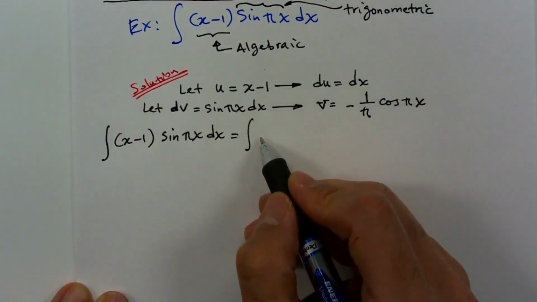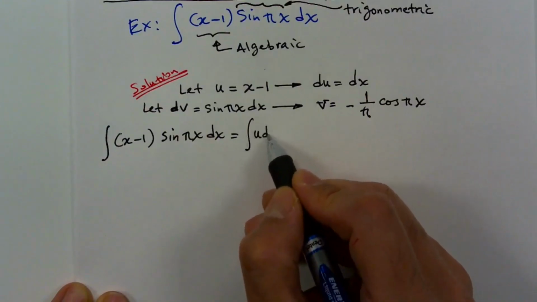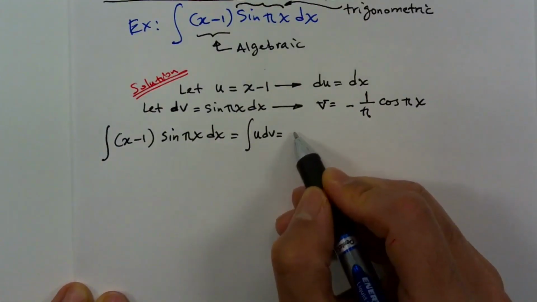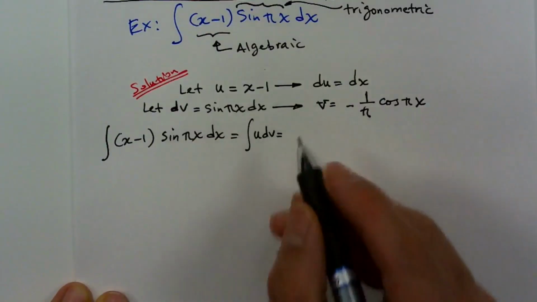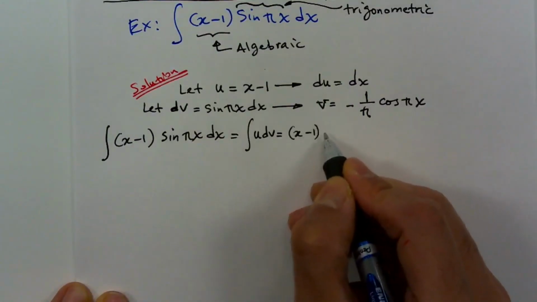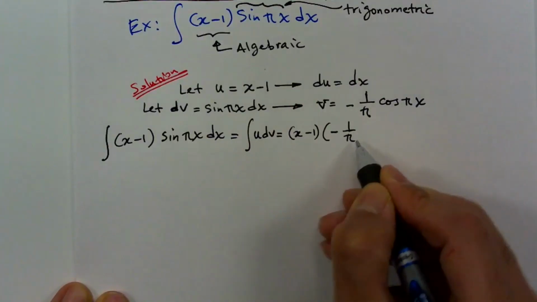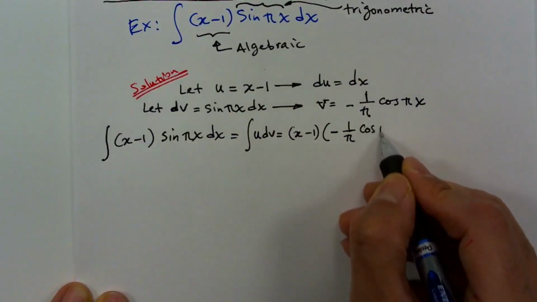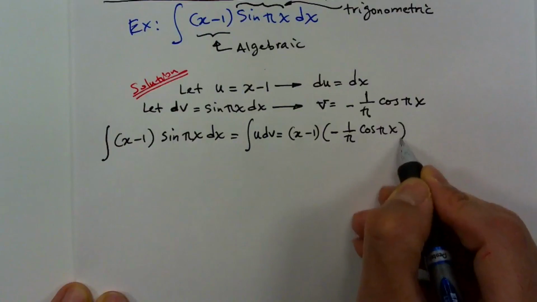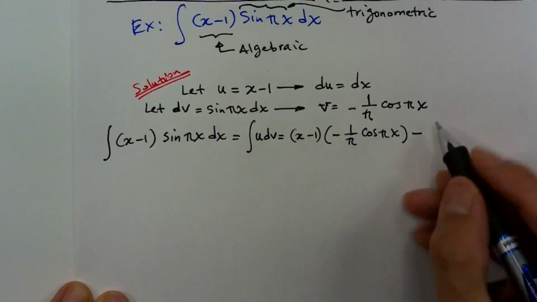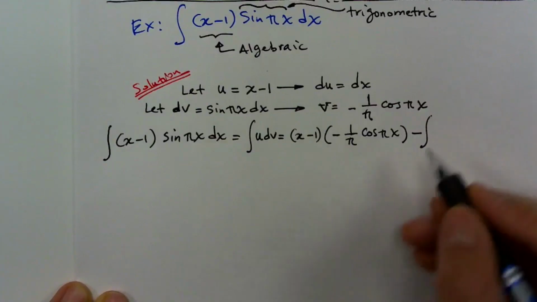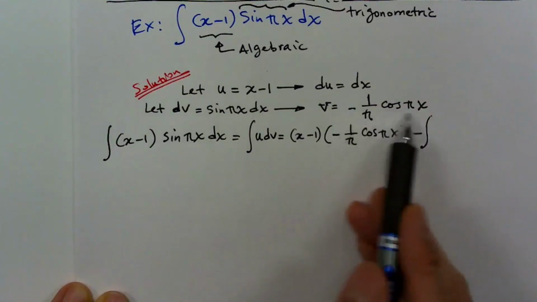Now the integral of u dv is equal to uv, x minus 1 times that, minus 1 over pi cosine of pi x, right, minus the integral of v du. So that's the v.